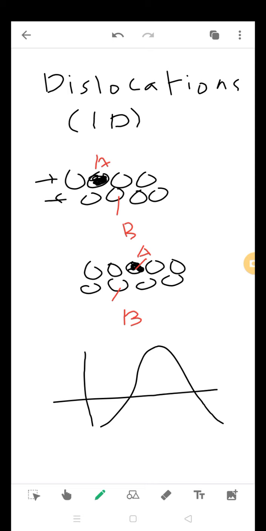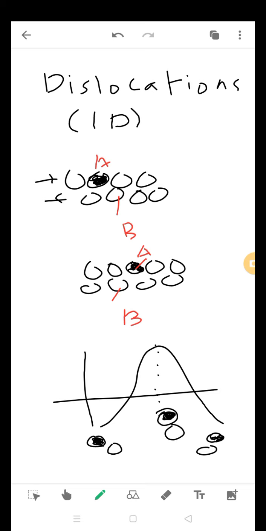So this point corresponds to A and B atoms kept in this fashion, and this point corresponds to the A and the B atoms in this fashion, and the center corresponds to the A and the B atoms exactly on top of each other.